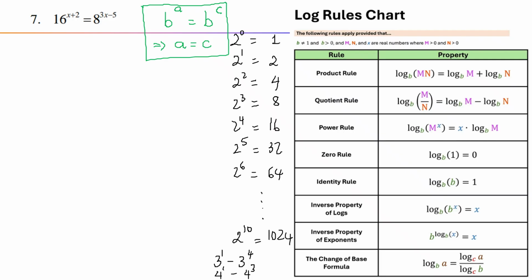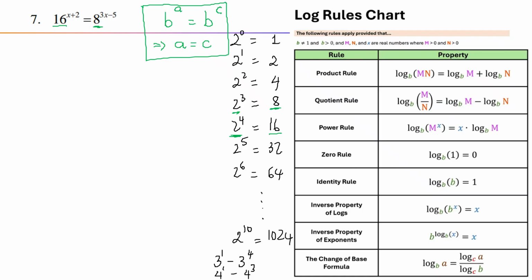Now we know that we can convert the 16 to base 2, and 8 you can also rewrite with base 2. If we convert those numbers, we will have the same base, and we just set the exponents from the left side equal to the right side and then solve.